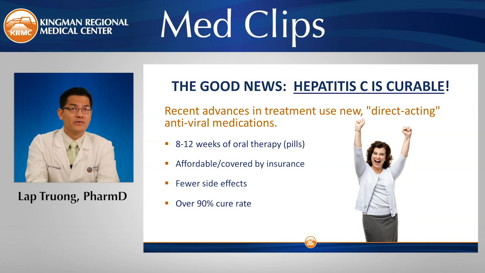Recent advances in treatment use direct-acting antiviral medications. Oral therapy can last 8 to 12 weeks, or longer depending on the genotype, meaning the type of gene of the virus that you caught. The doctor will tell you the length of therapy, between 8 to 12 weeks or longer.